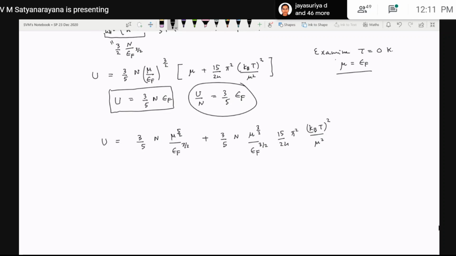Now you can see that if we set mu equal to epsilon f and T equal to 0, then we get u equal to 3 by 5 n epsilon f, of course, as expected.